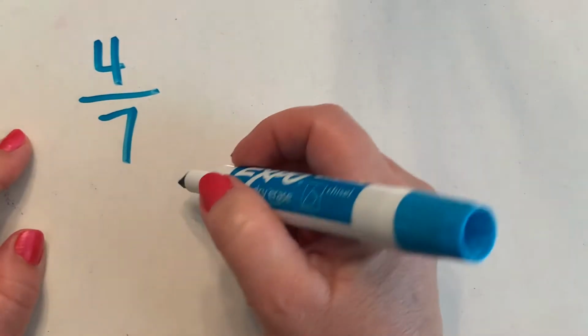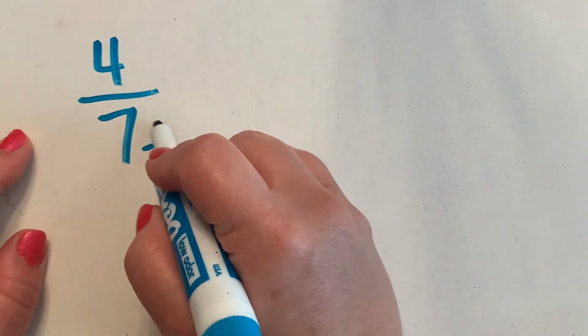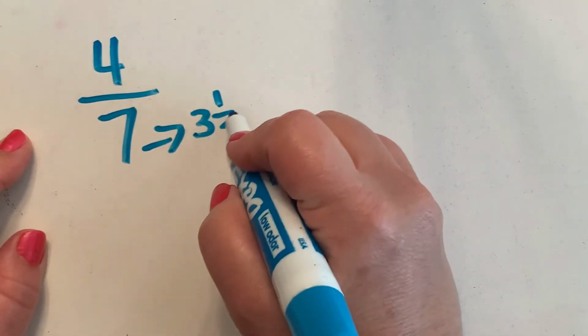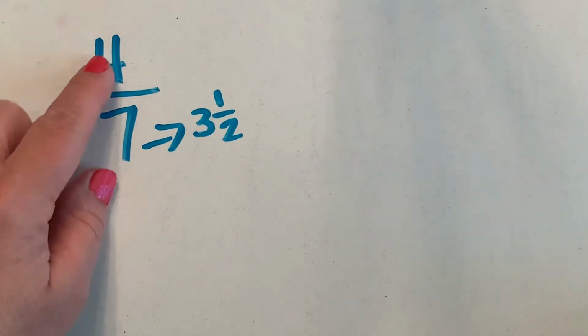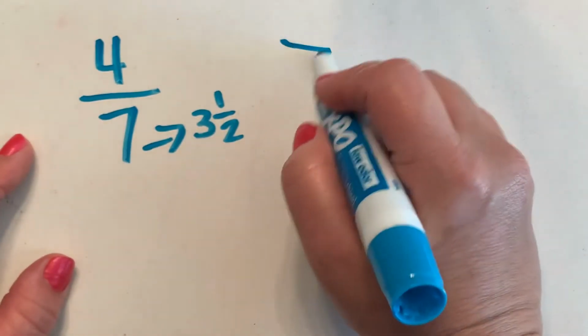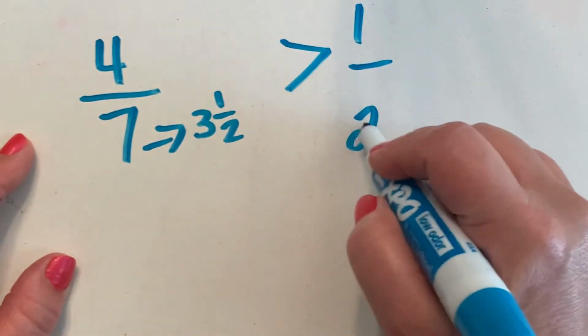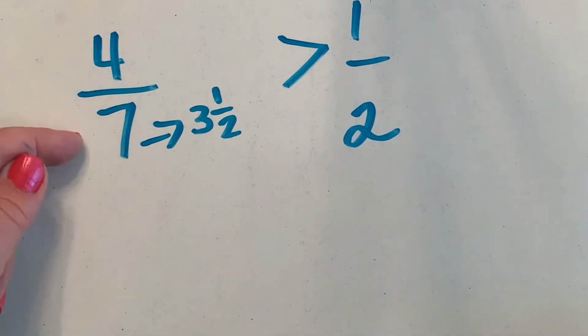Okay. What's half of 7? 3.5. So we know that 4 is larger than 3.5. So 4/7 is going to be greater than 1/2. We're looking at our denominator and our numerator.